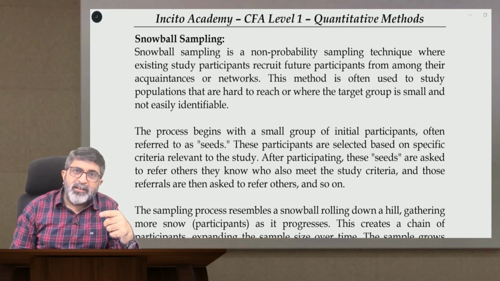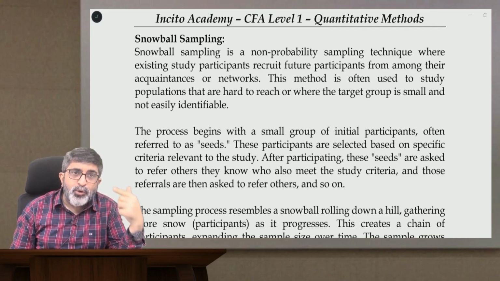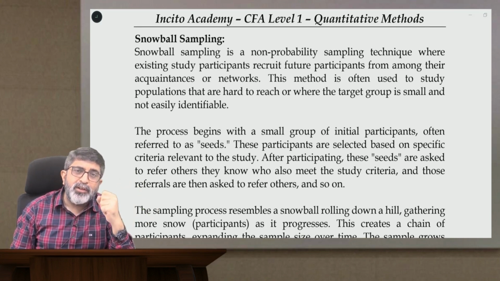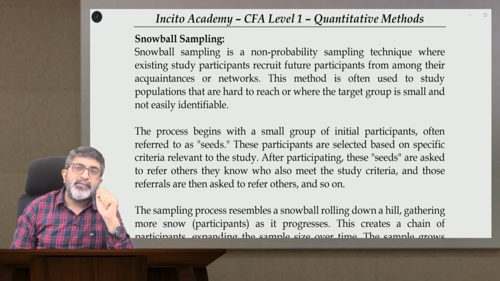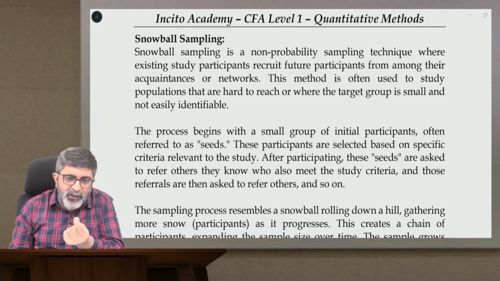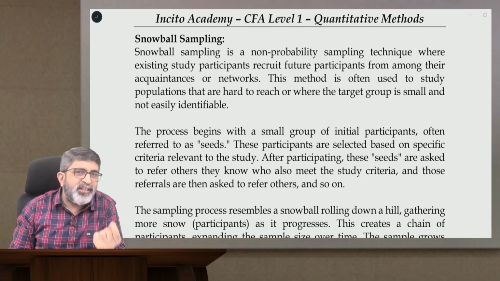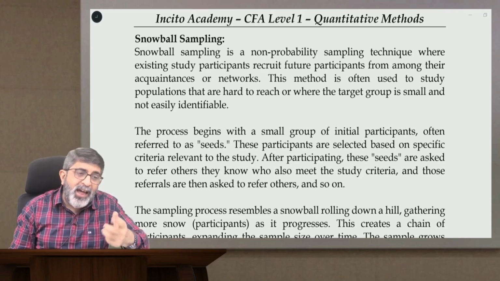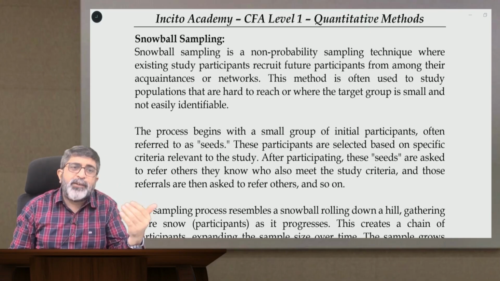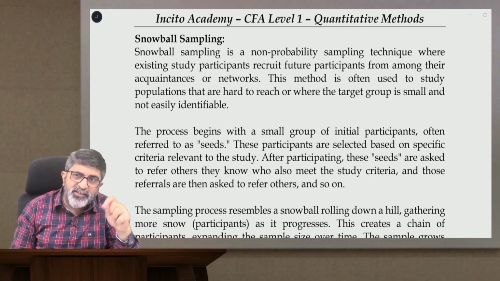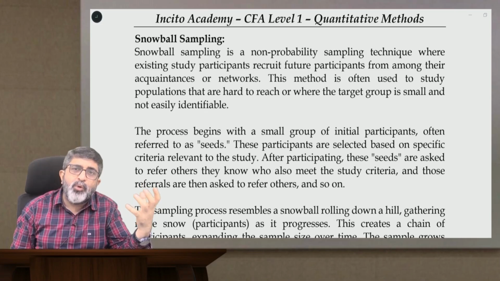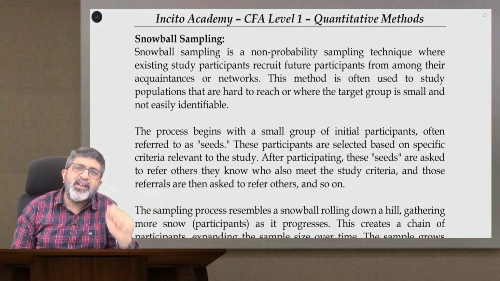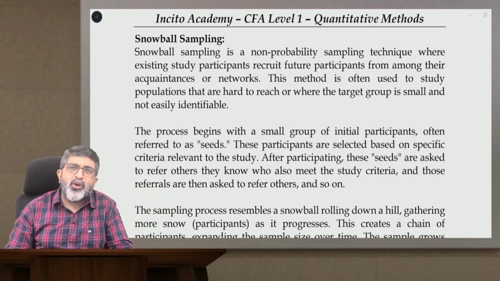And gradually I get to know what could be the relevant size of my sample that I want to study. Now, do you understand what is happening? Starting from one small unit in the sample and gradually asking or taking references from that one item in the sample and gathering more and more units to be included in the sample. This is what we call snowball sampling.